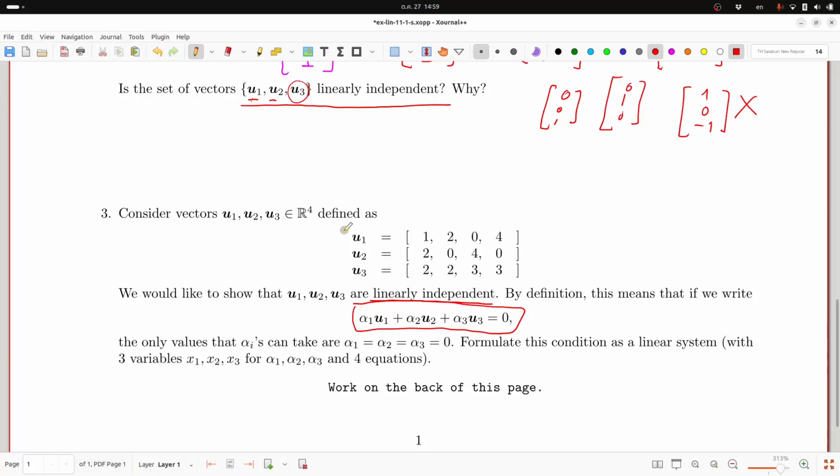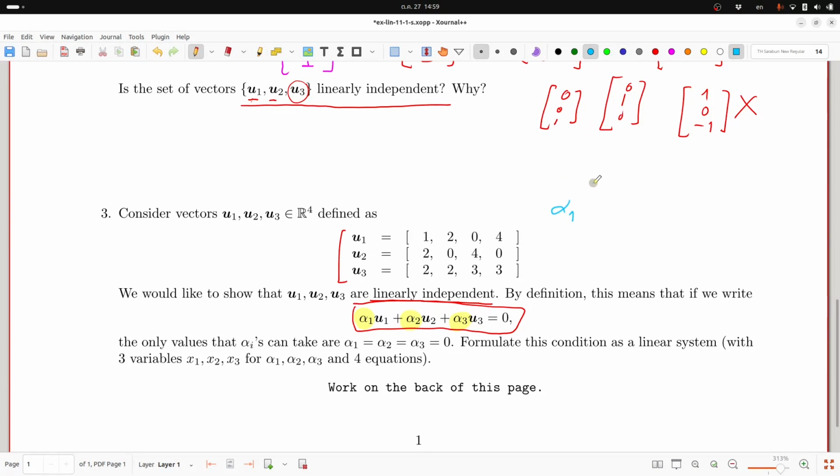So you have these 3 vectors and you have 3 variables. You want to write an equation for these 3 variables. So how can we write that? Basically it's this equation.